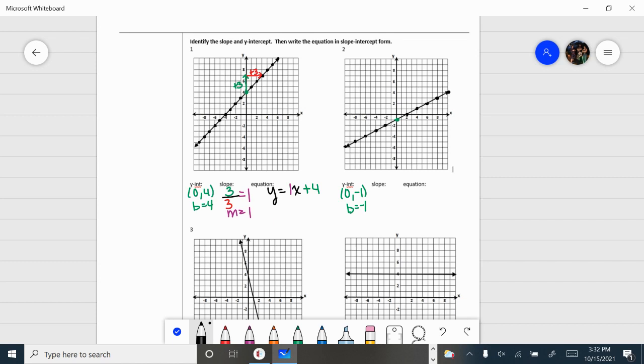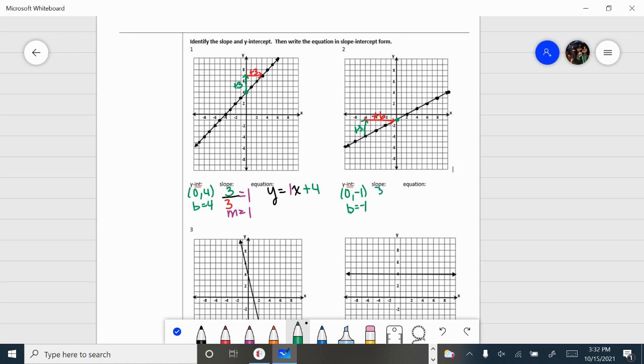If I were to choose, let's say, this point here at (-6, -4), I can go up 3. And then I'm going to go to the right 6. So again, I'm moving in 2 positive directions.